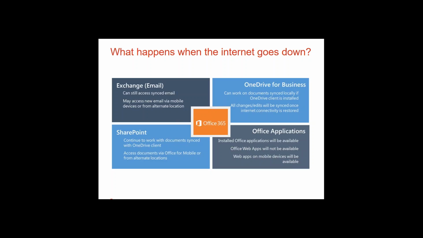However, you won't be able to send and receive if you don't have internet. The same with SharePoint. You can synchronize SharePoint with what's called the OneDrive for Business client, and it stores a local copy on your PC or laptop. So, for example, I have a laptop and I sync most of my SharePoint libraries using OneDrive.